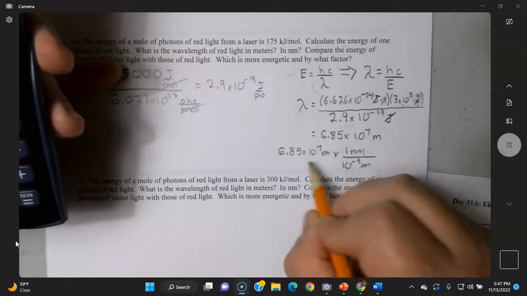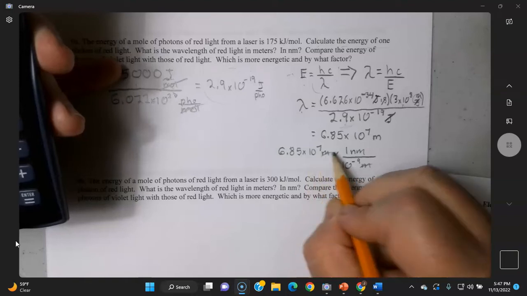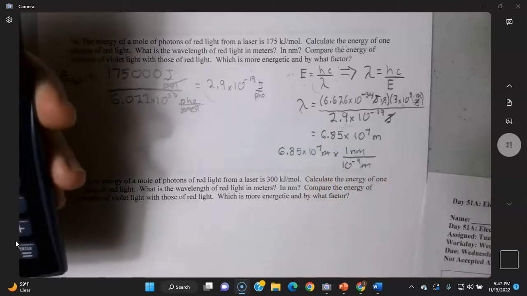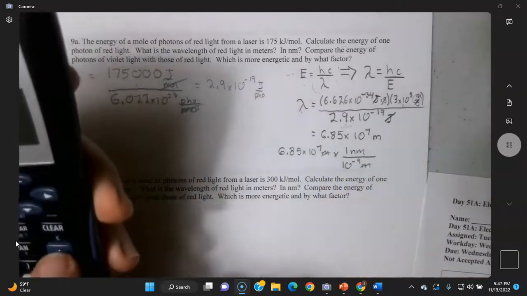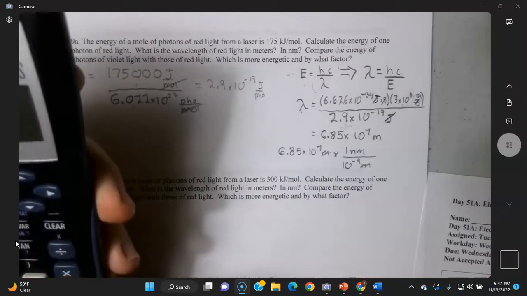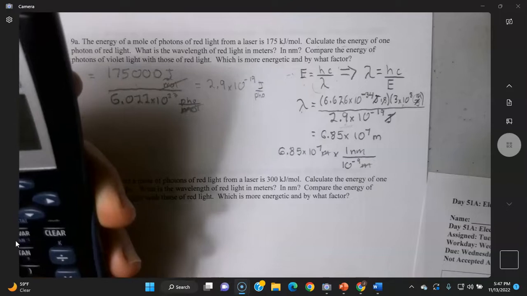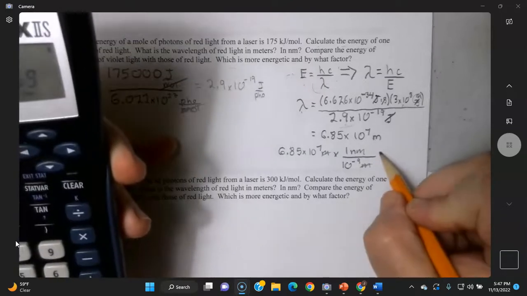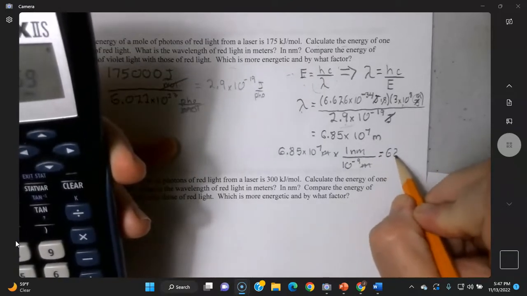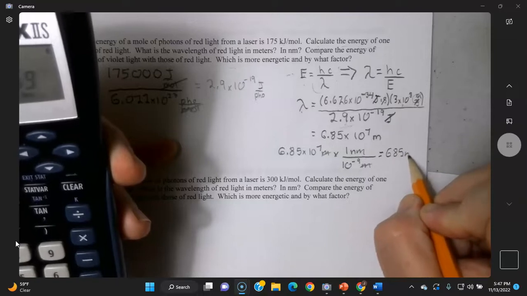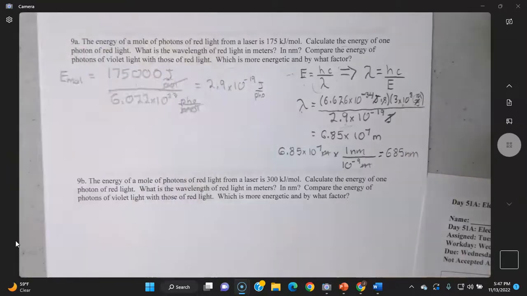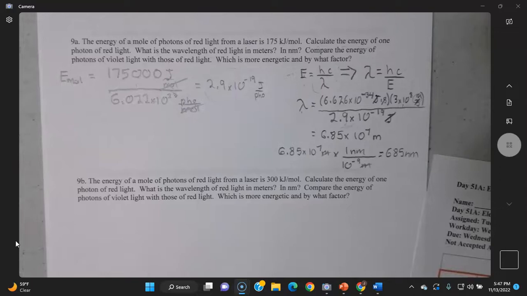Meters cancel, so 6.85 times 10 to the 7th divided by 10 to the 9th. And it gives us 685 nanometers. Okay, there you go. All right.